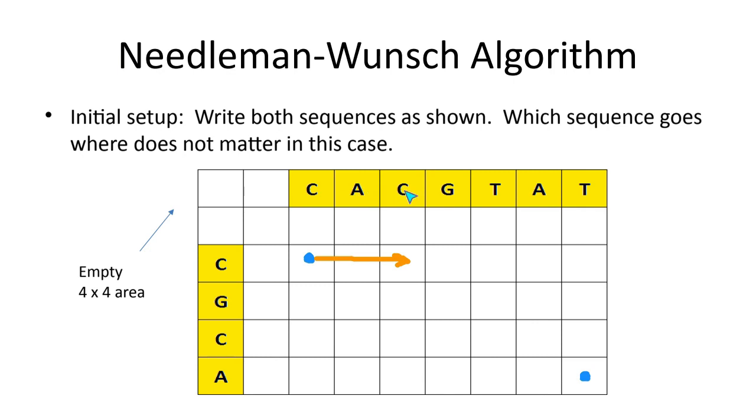If we're moving just straight to the right-hand side, we're moving through this top sequence, but we're not moving through the sequence along the side. So if we're moving through the top sequence, but not moving through the other sequence, it's kind of like we're aligning this with gaps.